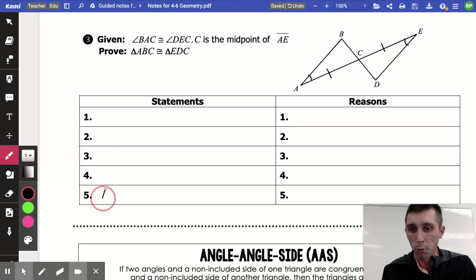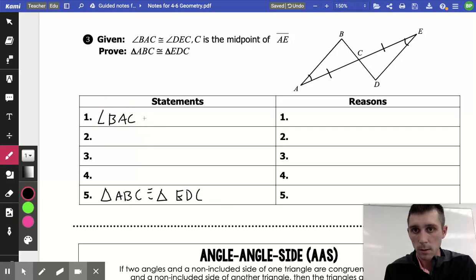We're trying to prove ABC is congruent to triangle EDC. All right, so our statements: angle BAC congruent to angle DEC, that's given.